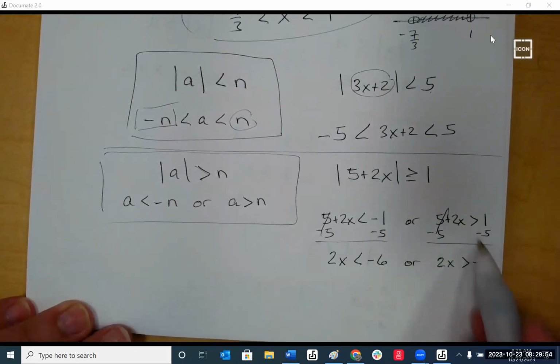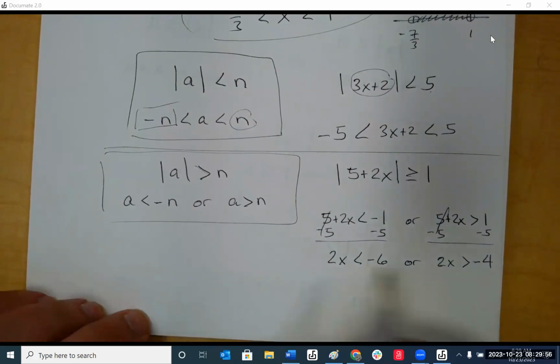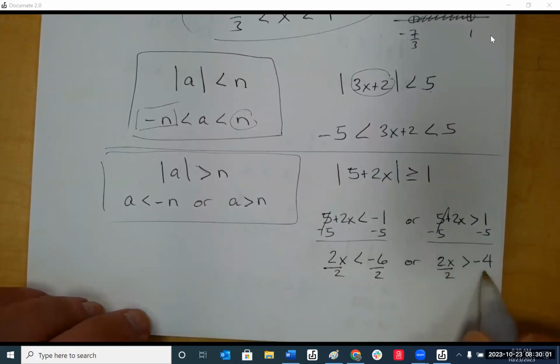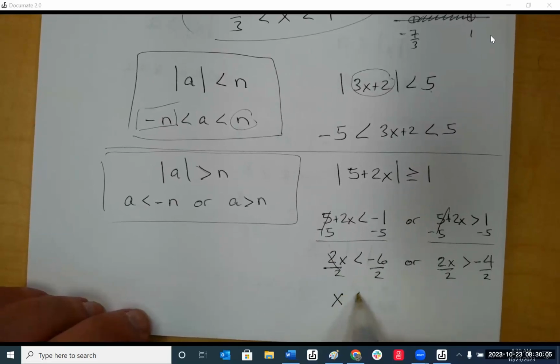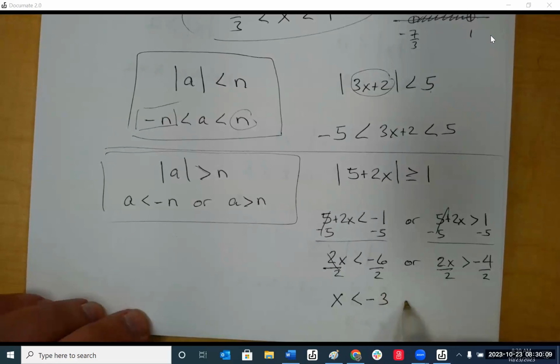Because 5 is bigger, the answer is negative. Divide by 2. X is less than negative 6 divided by 2, which is negative 3, or x is greater than negative 4 divided by 2, which is negative 2.